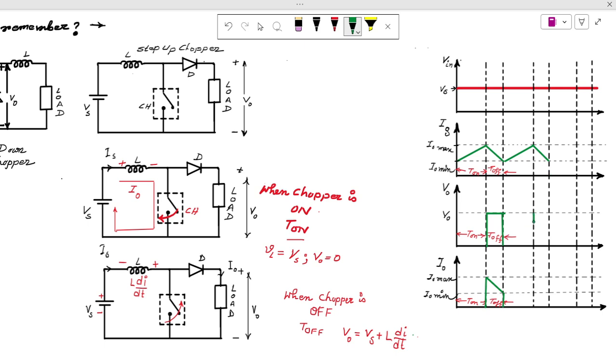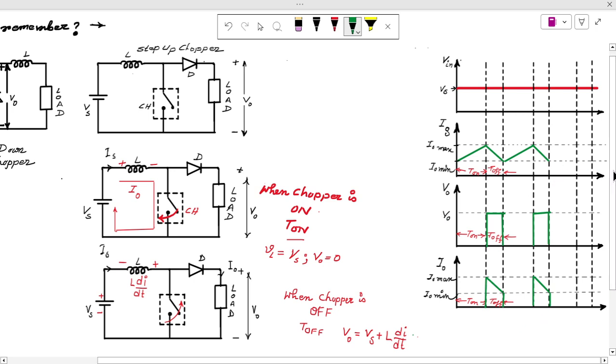Similarly, this will be the output voltage waveform. So here will be the current waveform. So this way, this will be the output current waveform. So in this way, it will continue.